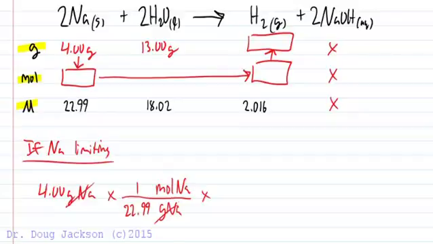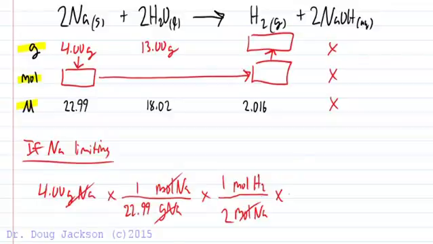Cancel the grams of sodium. Now we want to get rid of moles of sodium and get moles of hydrogen gas. And the balanced equation says 1 mole of hydrogen gas, 2 moles of sodium from the coefficients of the balanced equation. Now we're rid of sodium.